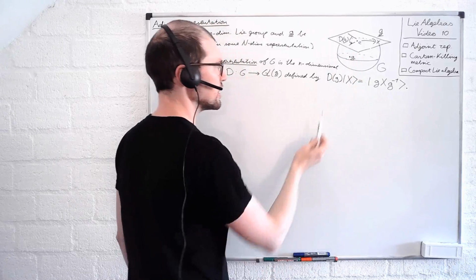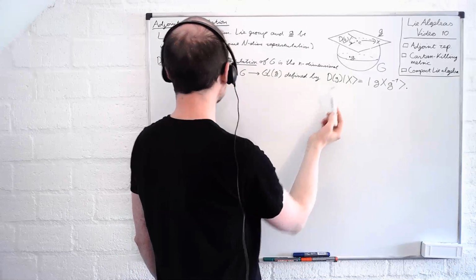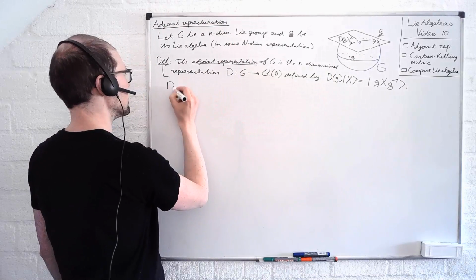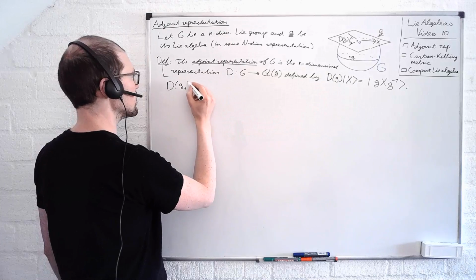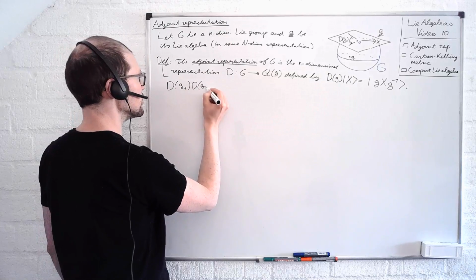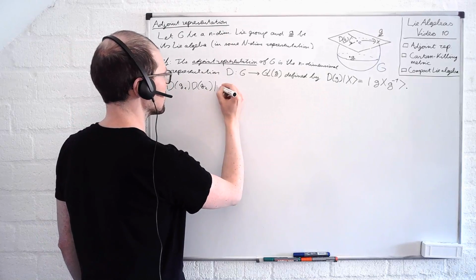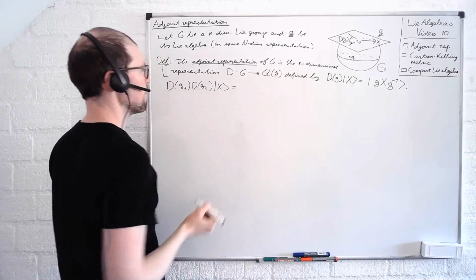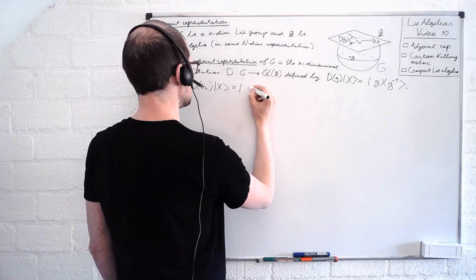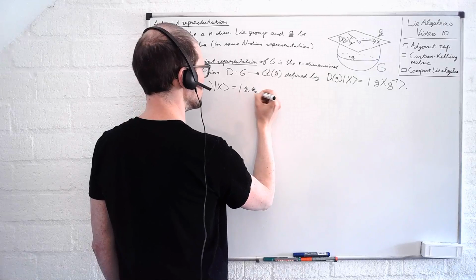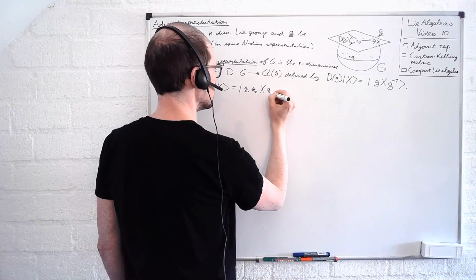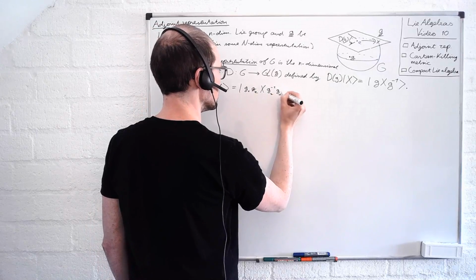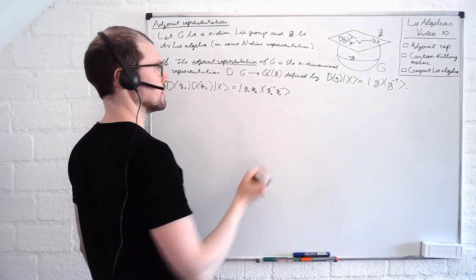I can certainly check that it is a representation, because if I compute D(g1) D(g2) acting on x, then this is really g1 g2 x g2 inverse g1 inverse.